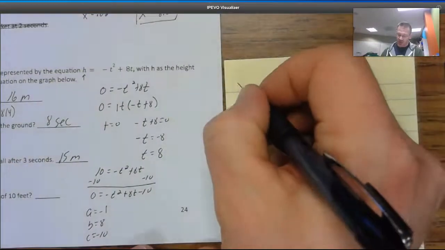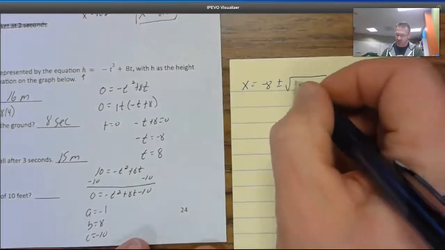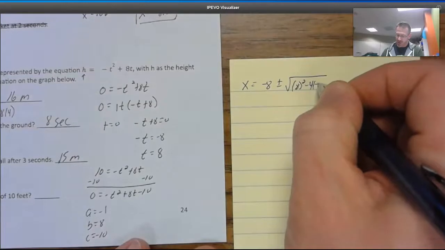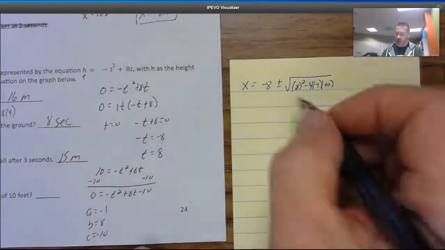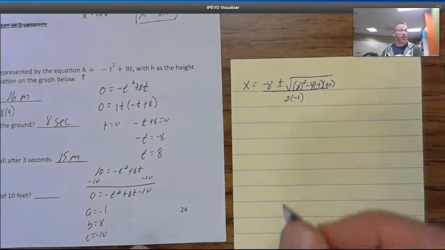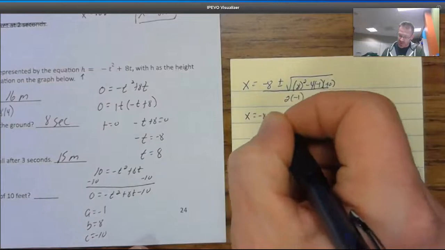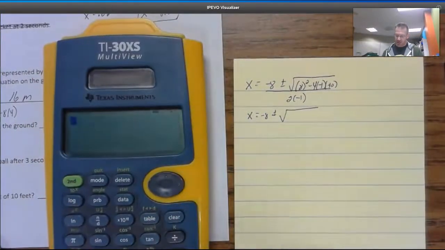So x equals the opposite of b, plus or minus the square root of b squared minus 4ac, all over 2 times a. So x equals -8 plus or minus the square root of, and let's do everything inside that square root first: 8 squared minus 4 times -1 times -10.